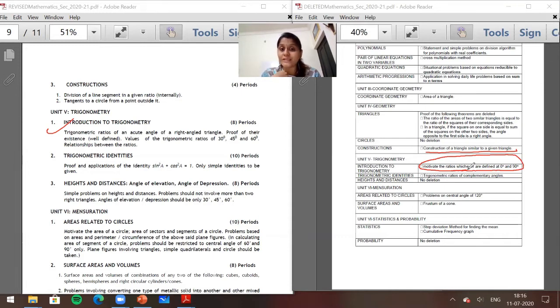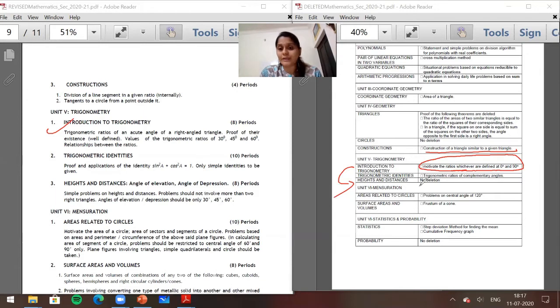Though you are not preparing this topic from the exam point of view, please learn that table of 0 to 90 degrees of all the 6 ratios, because if you learn that table, the values are at your fingertips. It has a lot of application in your next chapter, heights and distances, which is entirely related to that.